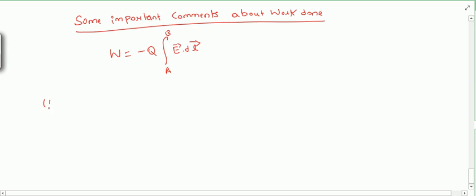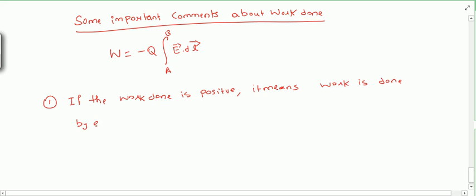So the first point is, if the work done is positive, it means work is done by an external source, an external agent, because in this case work is done against the field.